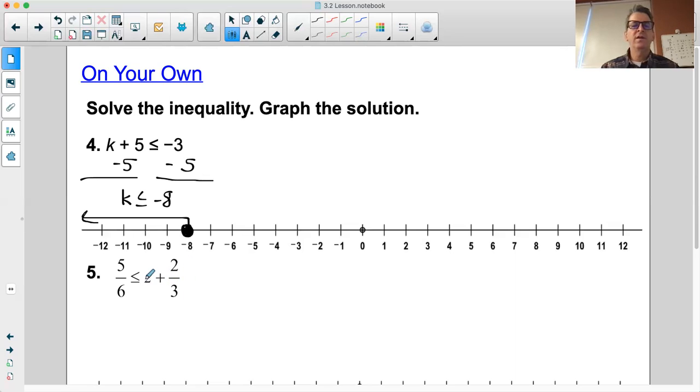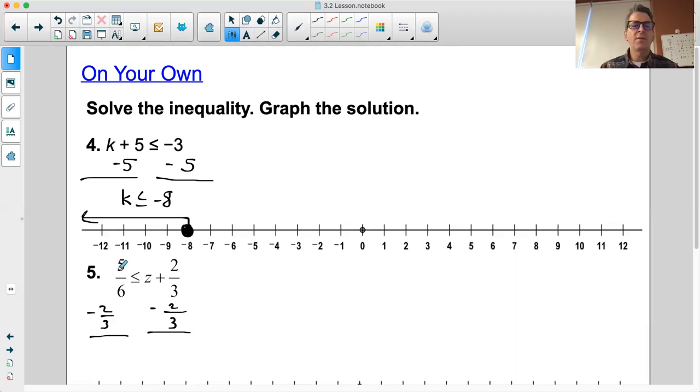See where our z is, and we have adding 2/3. So the inverse operation of adding 2/3 would be subtracting 2/3. So if I subtract 2/3 from the right side of my inequality, I have to subtract 2/3 from the left side of my inequality.